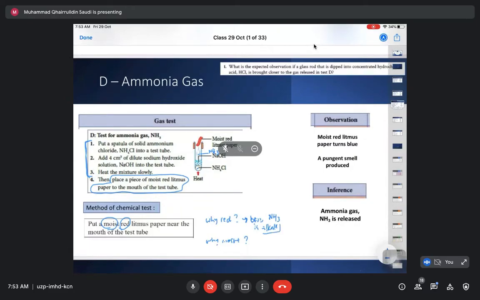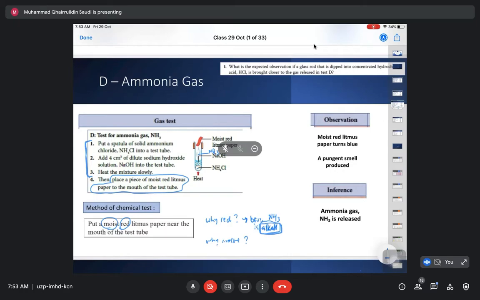Okay, the keyword is alkali. What makes an alkali alkali? What must it have? Because it is corrosive? No. What makes an alkali alkali? Do you still remember what alkali means? Ionized in water. Yes, ionized in water.